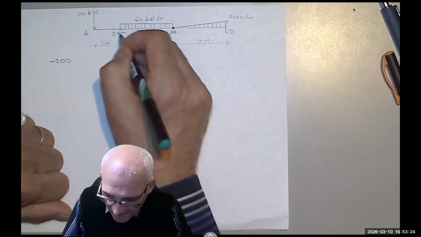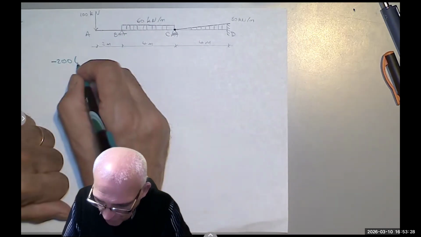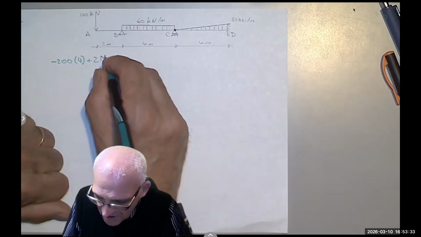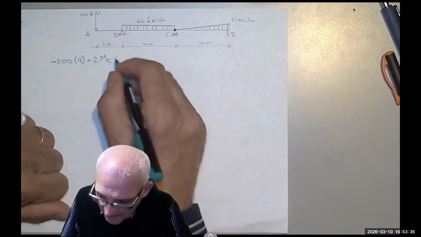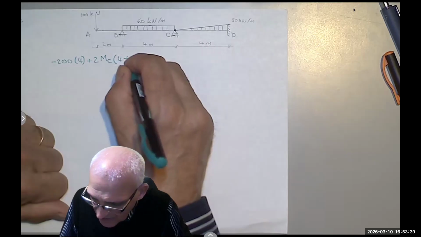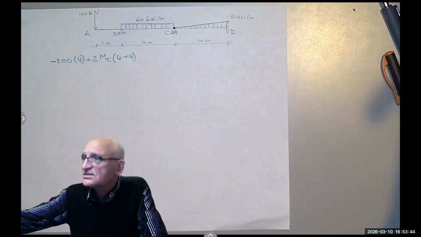It's right here, right? Because I moved it, times the length of the left, which is 4, plus twice MC, which is unknown, times L left plus L right. They are the same, but we can write them so you can see that it matches the equation.